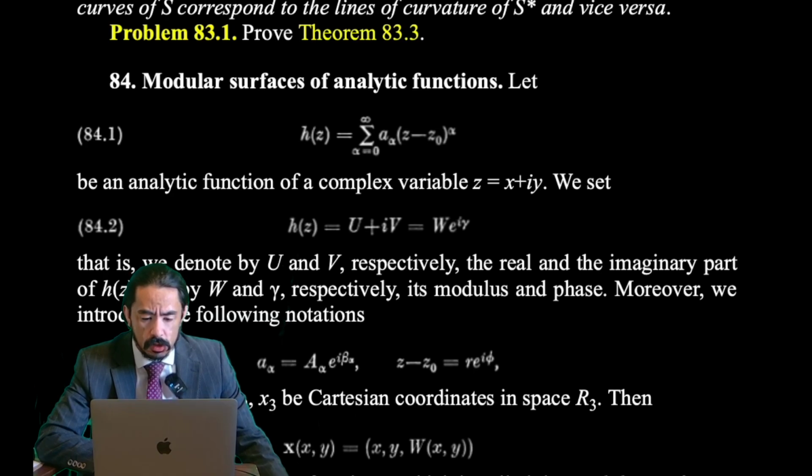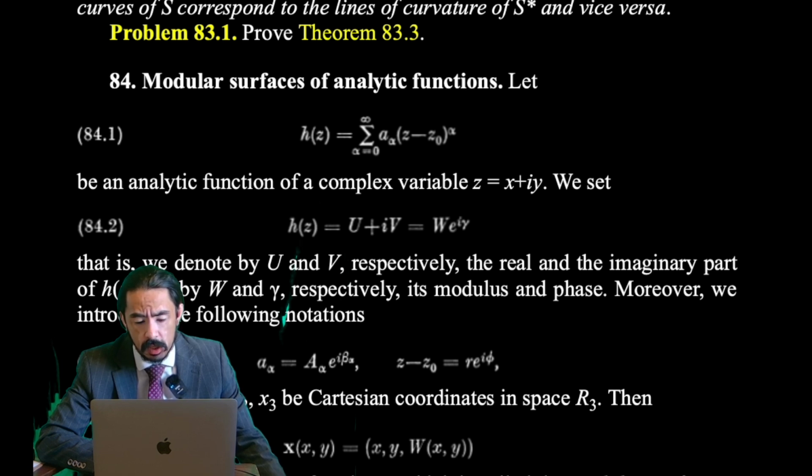So anyways, section 84, modular surfaces of analytic functions. Let lowercase h of z equal the sum over alpha from 0 to infinity of a sub alpha times the quantity z minus z naught to the alpha. Let this lowercase h of z be an analytic function of a complex variable z equals x plus iy.